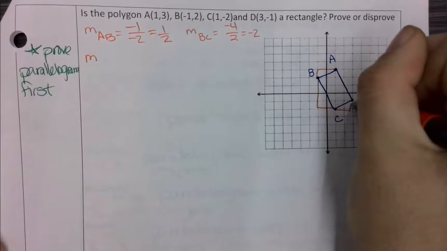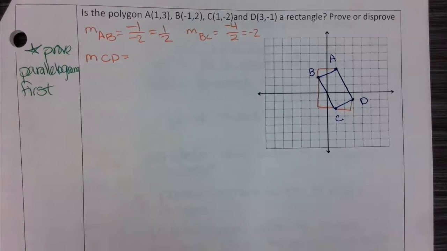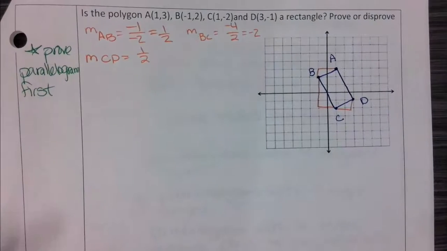Okay, then I want to do CD. So as a slope, that'd be 1/2, because the slope is always rise over run. Rise is up and down, run is left and right. D. No, there's more after we finish this one.